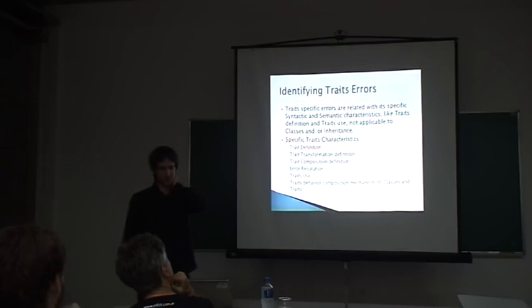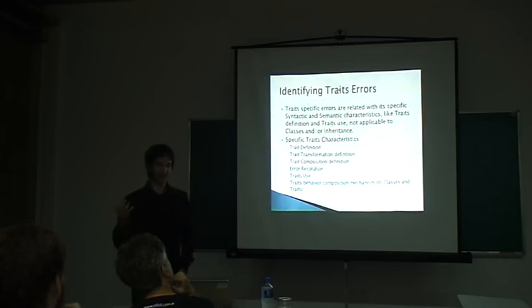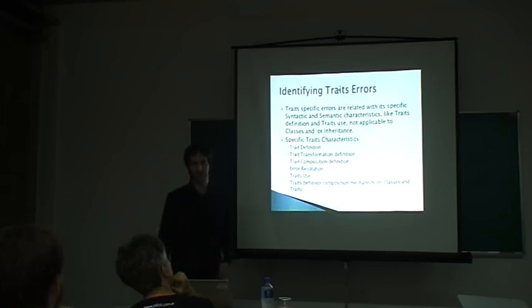For example, trait definition, trait transformation definition, trait composition, also error resolution, how we resolve the errors related with traits, and also how the trait is used and how the trait gets linked to the class, that is, how the behavior provided by the trait is attached to the class. Those are the specific characteristics of traits that we are going to analyze.